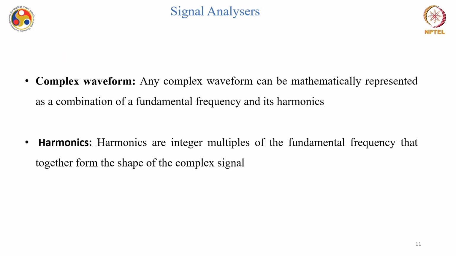A complex waveform can be mathematically represented as a combination of a fundamental frequency as well as the different harmonics. Harmonics are the integral multiples of the fundamental frequency that together with the main frequency component form the shape of the complex signal.